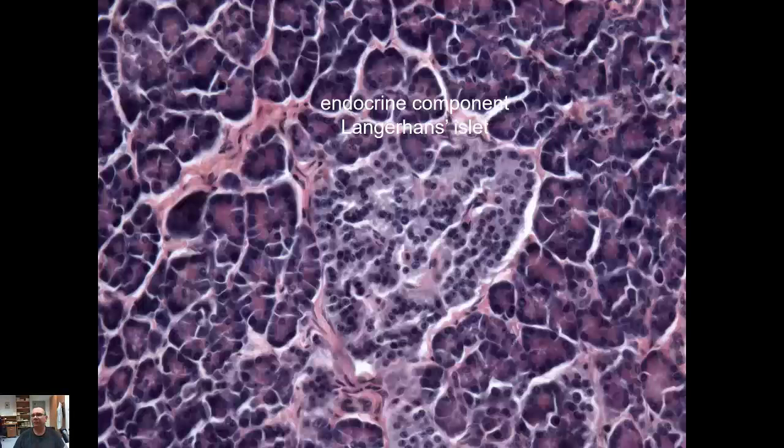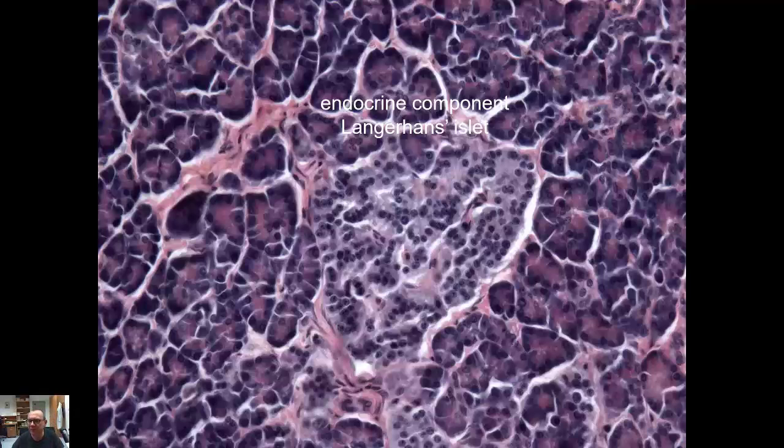I think that I can finish the exocrine pancreas, and let me start the endocrine component of the pancreas. The endocrine component is a collection of many Langerhans islets. Langerhans islets are microendocrine glands.